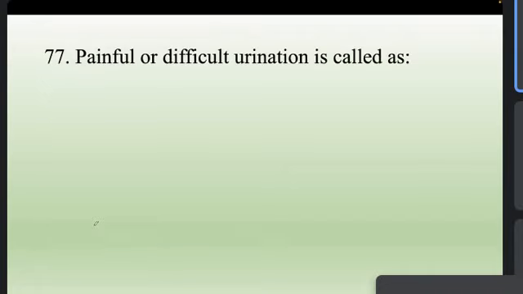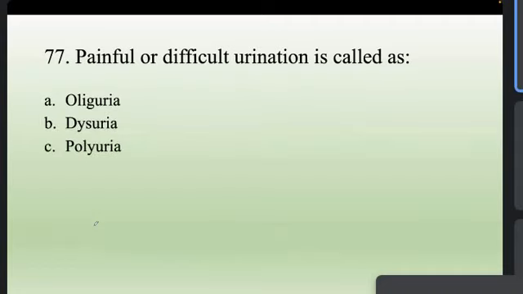Painful or difficult urination is called: oliguria, dysuria, polyuria, hematuria. Cystiria. Dysuria, okay.